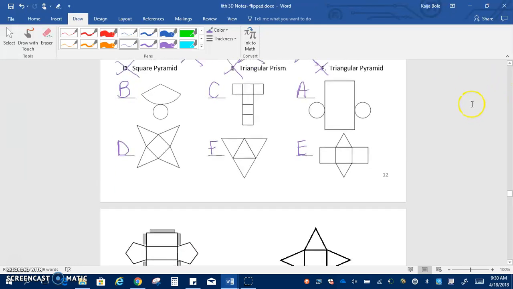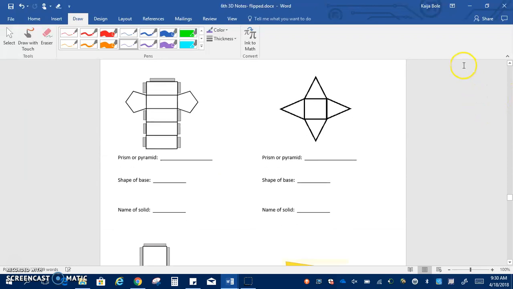Alright, go ahead and flip the page. At the top we need to write ourselves some notes though. So we're going to be talking about prisms and pyramids and what the difference is. So a prism is surrounded by rectangles.